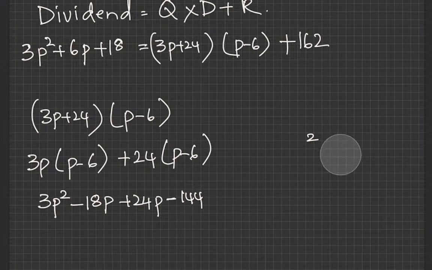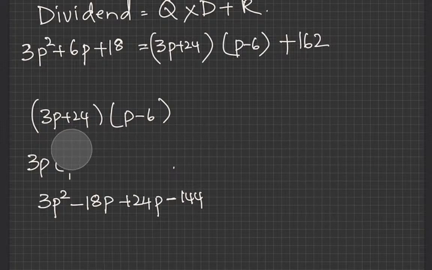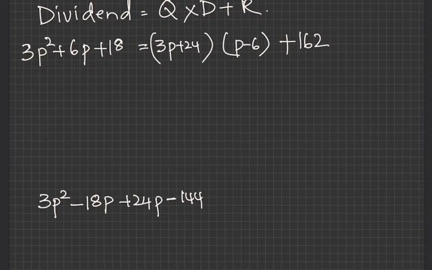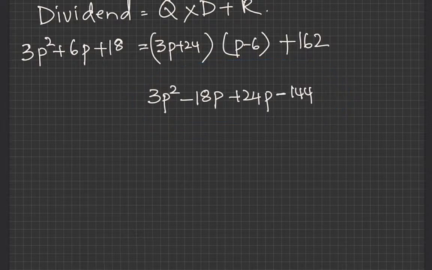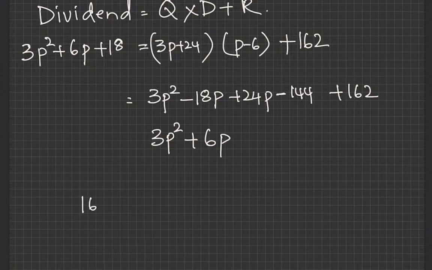Now I take this up and then I have plus 162. So I have 3p squared and then plus 6p. Then I have 162 minus 144, right?